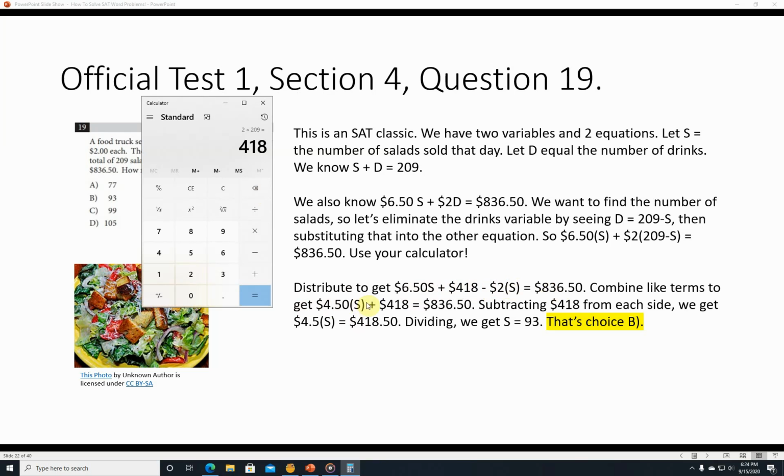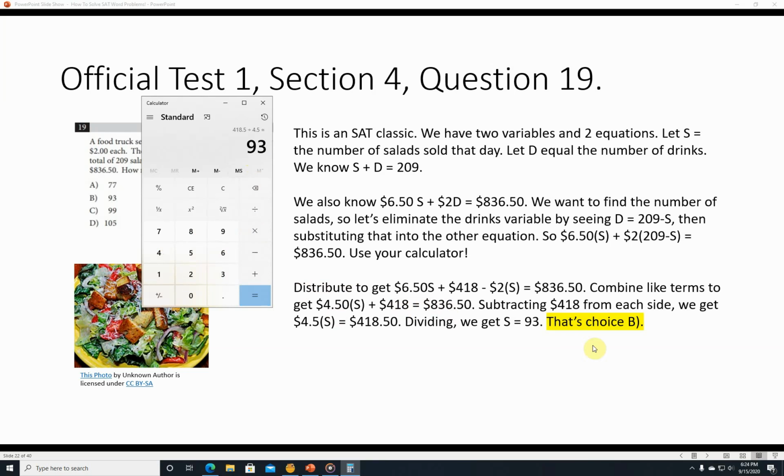So 4.50 times S plus 418 is equal to 836.50. Let's subtract the 418 from 836.50, which is $418.50, equal to 4.50 times S. So now we're just going to divide by 4.50.